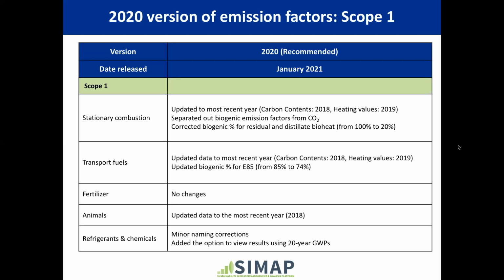Transport fuels, again, have similar updates to carbon contents and heating values for things like gasoline, diesel, and so on. The largest changes are to the biogenic percentages in E85, and again, no large change there. Fertilizer emission factors for scope 1 have not been changed at all.